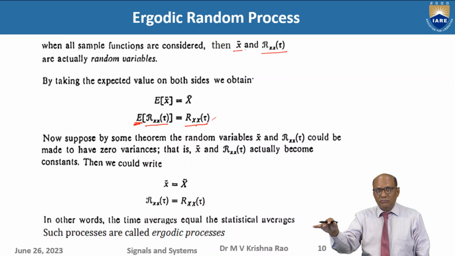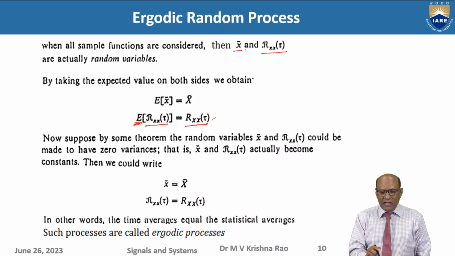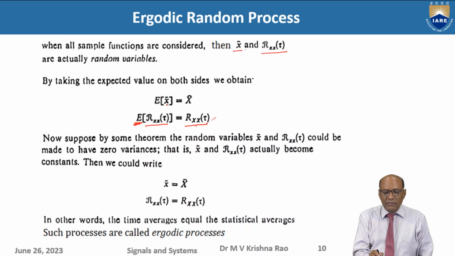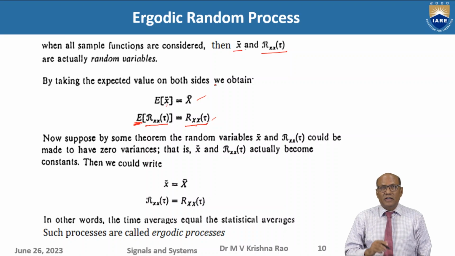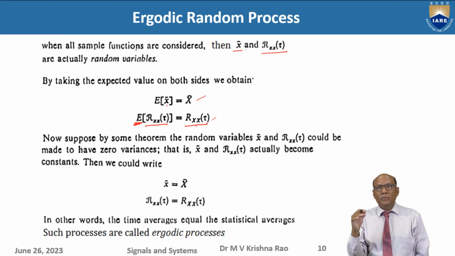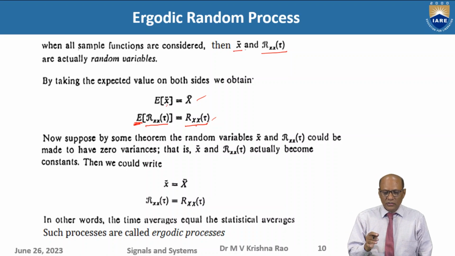So I should say that the time average is equal to the ensemble average. This is the time average. When I take the average over the ensemble, it is a constant. If the time averages are equal to the ensemble averages, I call it an ergodic random process.